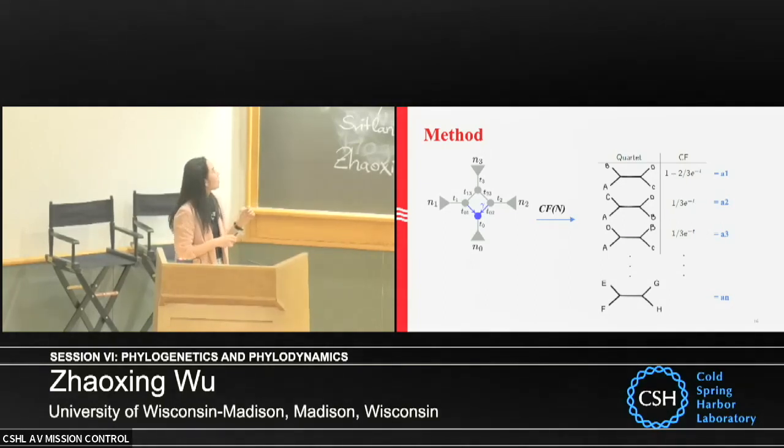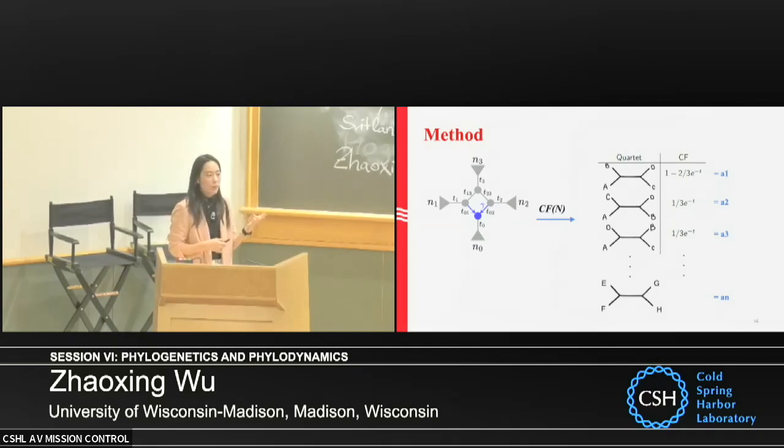This happens because our method is unable to estimate the inheritance probability. As you can see, if we want to identify N1 and N2, we need to identify the minor edge and the major edge here. And we are unable to do that. So our method is not good at distinguishing between the true and symmetric one.